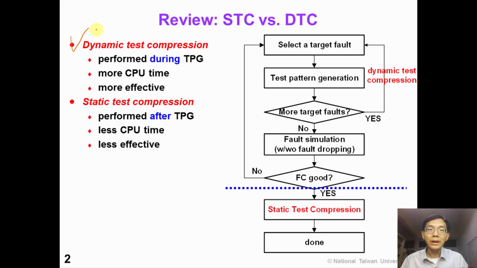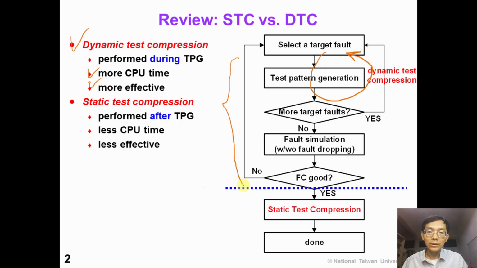Dynamic test compression is performed during the test pattern generation process. Every time we try to specify more bits to detect more faults, it is potentially slower but more effective than static compression.